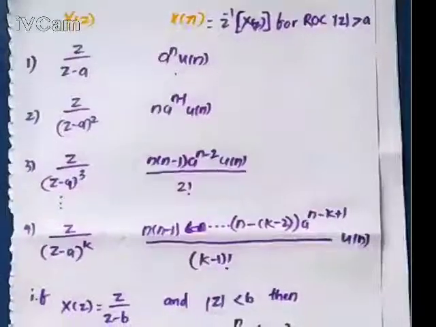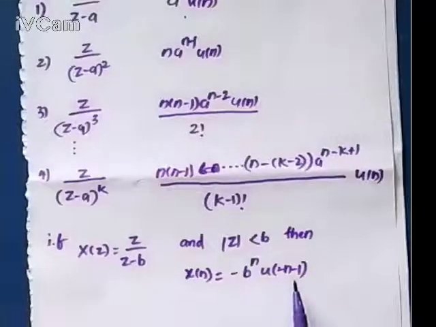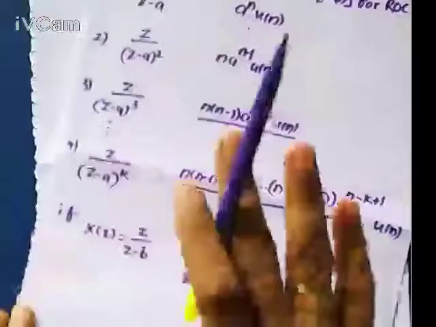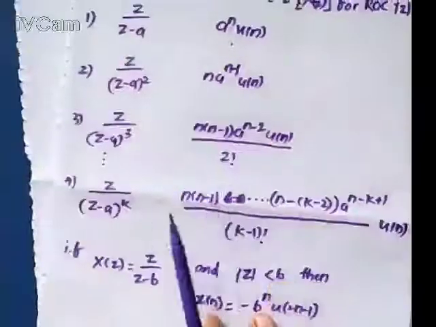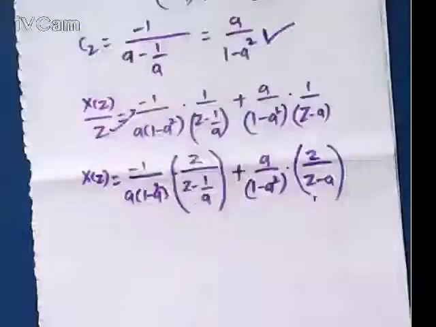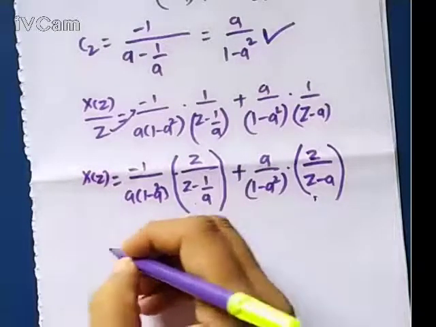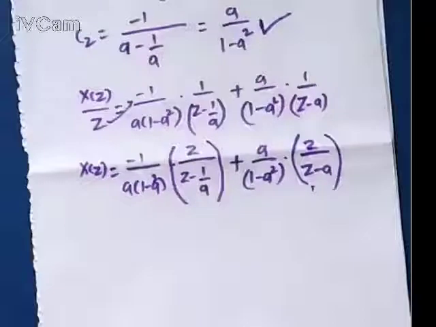So correspondingly what I have to write is minus b power n u of minus n minus 1. You have to remember these terms, whatever is there in this particular slide. You have to remember them, then only you can directly represent the x of n out of it.